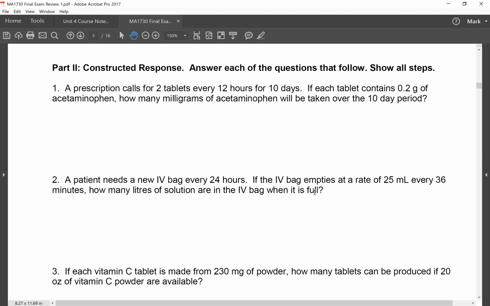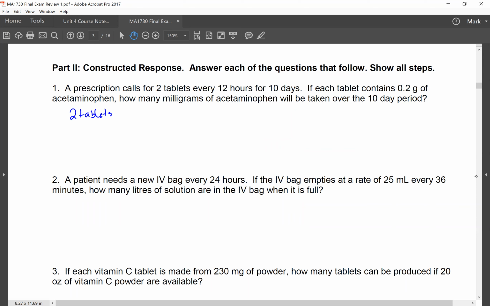There's 2 tablets every 12 hours for 10 days. So this is 2 tablets per dose. Every time they take a dosage, it's 2 tablets.